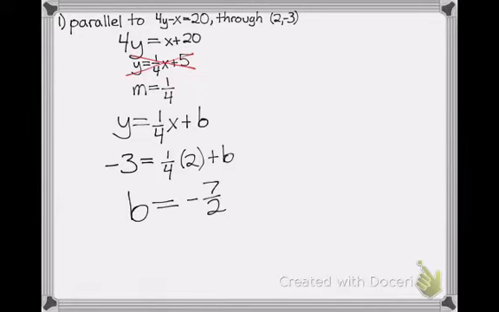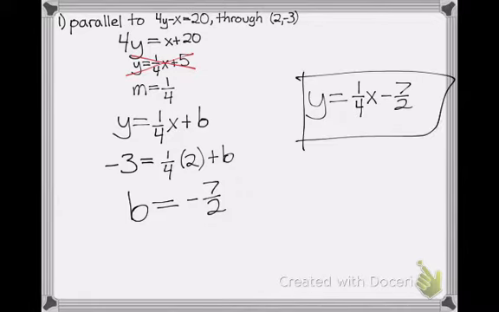We then take that y-intercept, we plug it back into this equation here to get the final answer of y equals 1/4 x minus 7/2. This is the equation of the line that we're after in slope-intercept form. And notice in particular that our y-intercept is different from the y-intercept of the line that we were given.